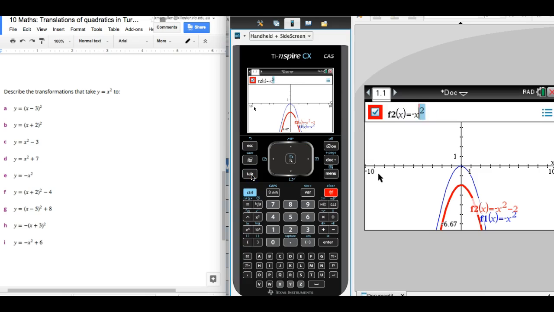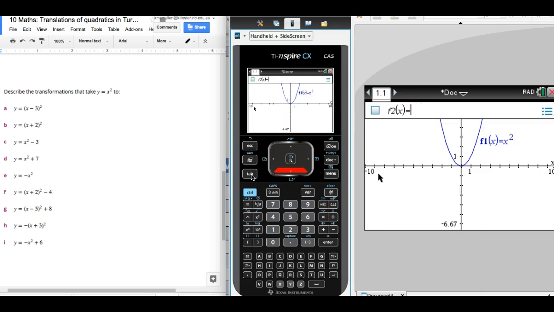Okay, so we'll delete U, and we have to compare it to x squared. So we'll leave x squared there. And H is negative x plus 3 all squared. So think about it before I press enter.